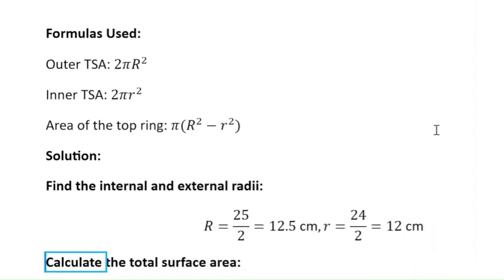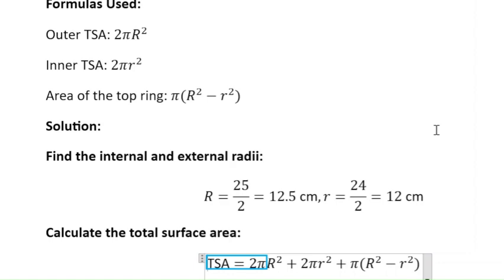Calculate the total surface area. TSA equals 2 pi R squared plus 2 pi r squared plus pi (R squared minus r squared).